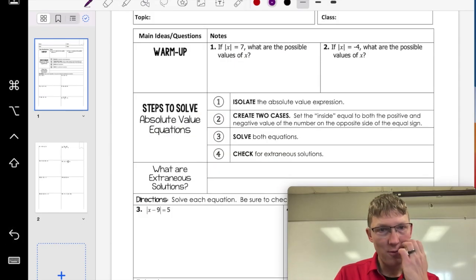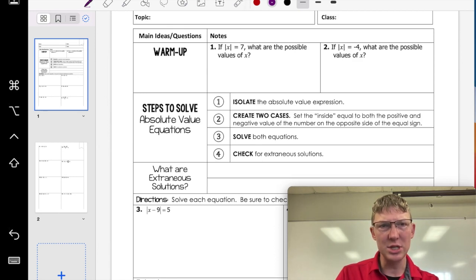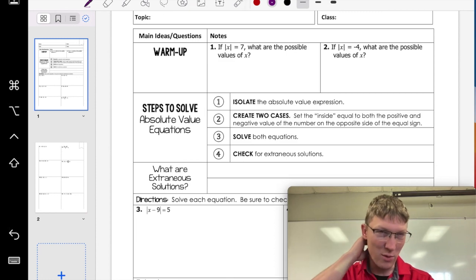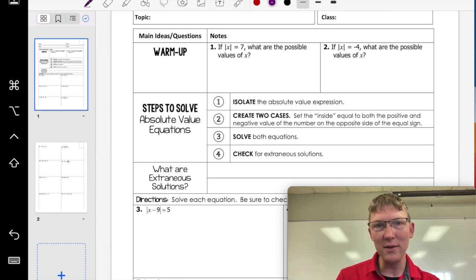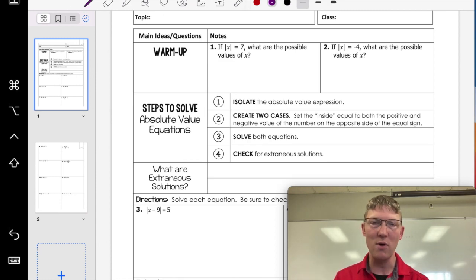All right, absolute values. So we've seen them before, I hope, but here's a quick review of what they mean up here in the warm-up. If the absolute value of x equals 7, what are the possible values of x? Up until now, if we see a negative sign in front of an absolute value, we just drop it and move on.